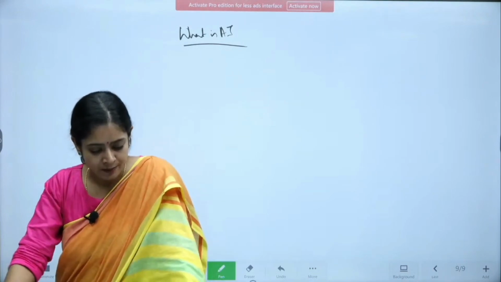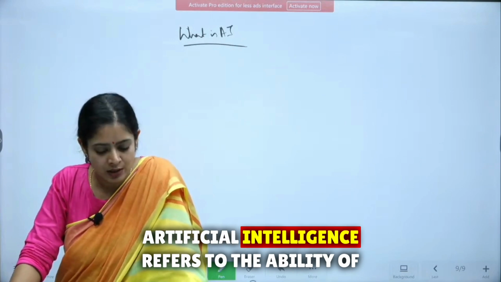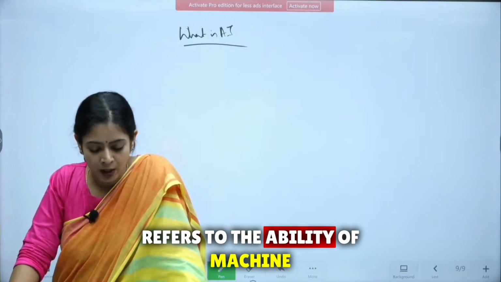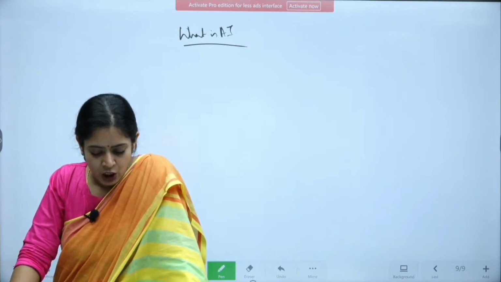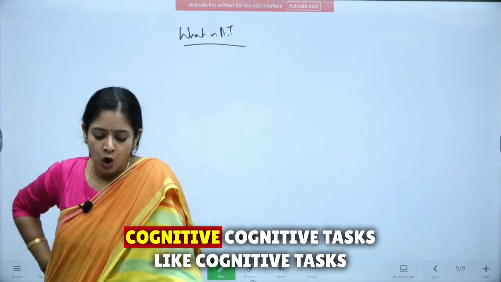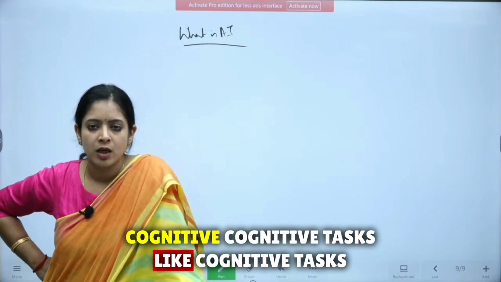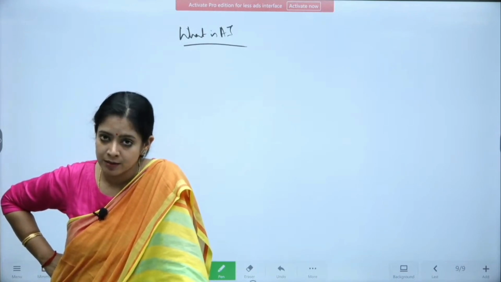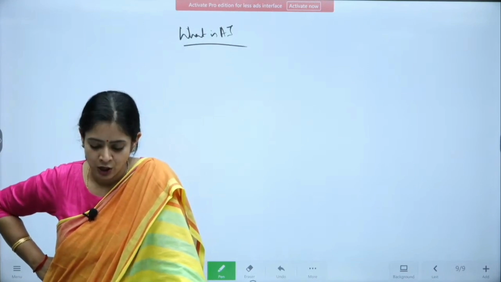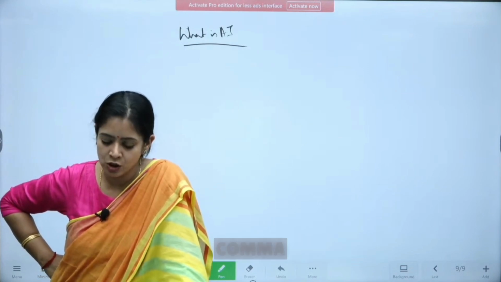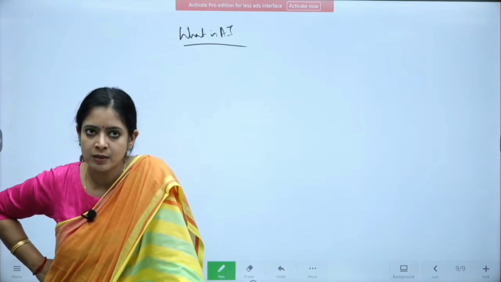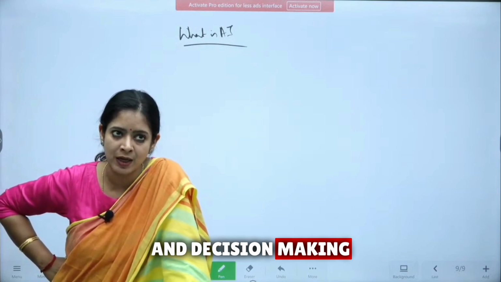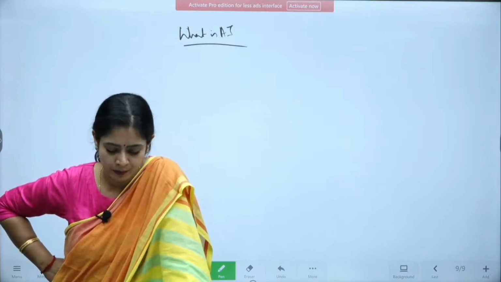Artificial intelligence refers to the ability of machine to perform cognitive tasks like thinking, perceiving, learning, problem solving and decision making. Full stop.